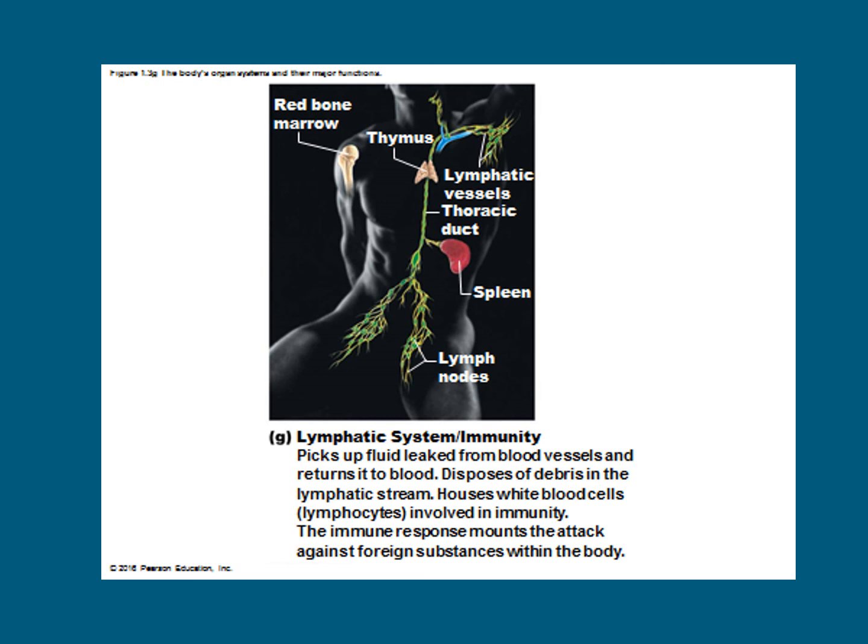It helps return those fluids back into the circulatory system. But it is also, think of it as surveillance. It has cells that are part of your immune system, as I said, that are able to detect what we call non-self, anything that's not part of you, and attack and try to destroy that.